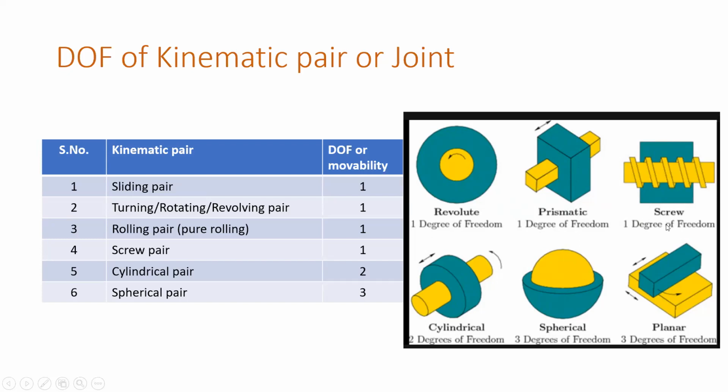Next is the screw pair. Now it is a very special case, because a screw rotates as well as slides. But it is given that its degrees of freedom is only one. Why so? Because its sliding depends on its rotation.